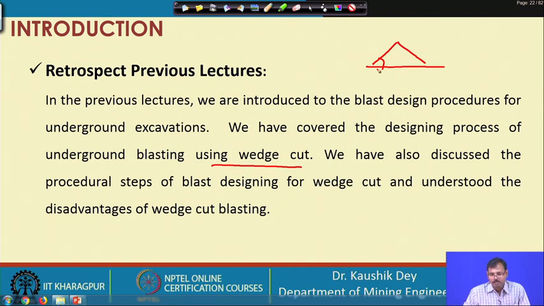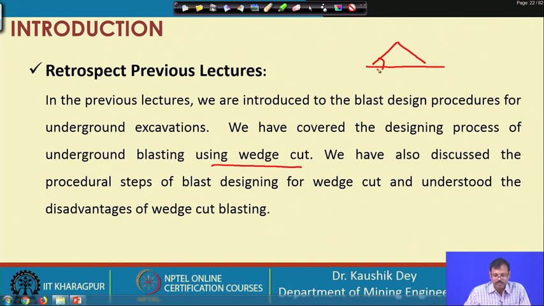It may be lower for hard rock and increased for soft rock. Other modifications of the wedge cut are the fan cut, the drag cut, which is a half wedge cut, and the pyramid cut, which is basically a double wedge cut.